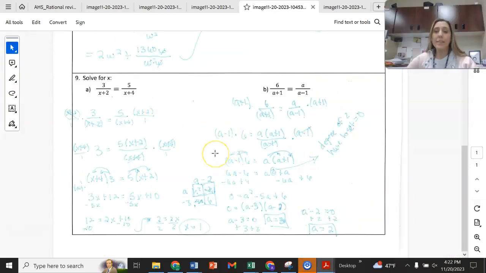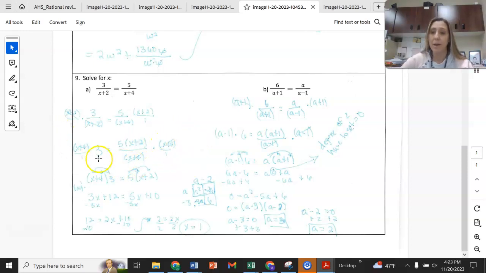Okay, so this one was a little bit tougher. I knew I was dividing by x plus 2, and notice that I put parentheses around that because I want to remind myself, hey, don't split those up. So I multiplied both sides by x plus 2 because I was originally dividing by it, and that gave me 3 equals 5 times x plus 2 over x plus 4, but I'm divided by x plus 4, so I want to multiply those out.